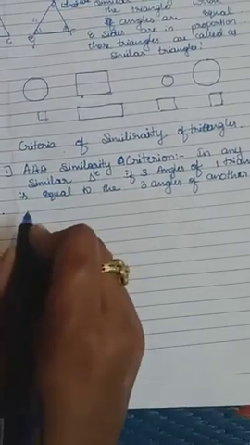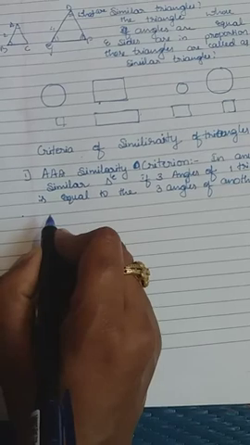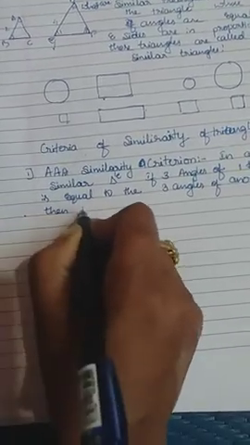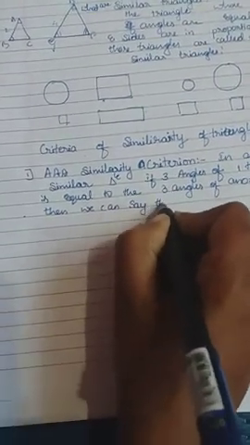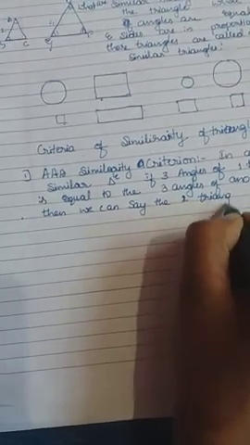Then we can say that the two triangles are similar.